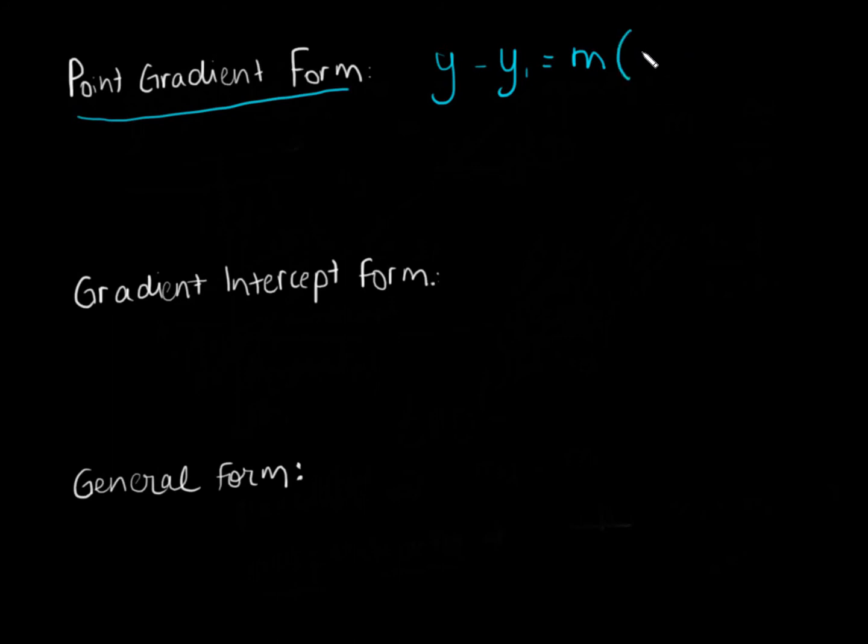Sorry, that's just how I write x. x minus x1. And here, x1 and y1 are just any points on the line. So this is really useful when you have to find the equation of the line, but you're only given one coordinate, say x1, y1. So here you can use this coordinate and get the equation of the line using the point gradient form.